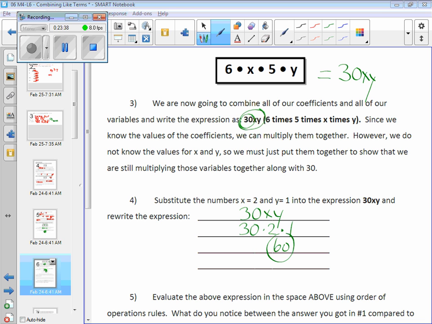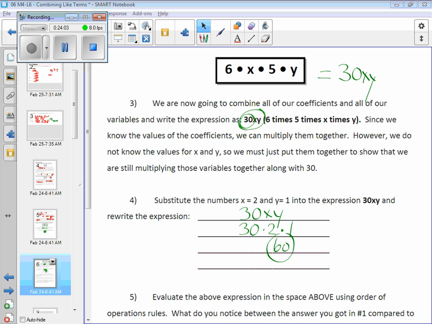Alright, let me pick up where we left off last period. I want to tell you again, when you create a new expression by combining like terms, you want to test the new expression by substituting those numbers in, and if you get the same numbers, then you know that you combined the terms correctly. You understand that concept?